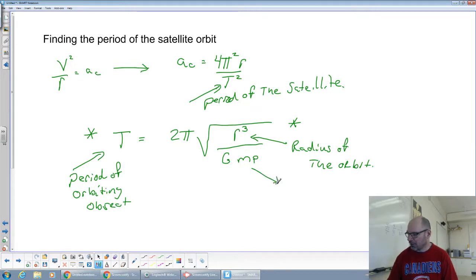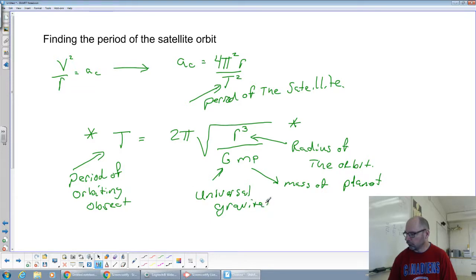This is going to be the mass of the planet. And this is the universal gravitation constant. Okay, so that has its own units. This is going to be in meters. This is going to be in kilograms. And this ends up being in seconds here.